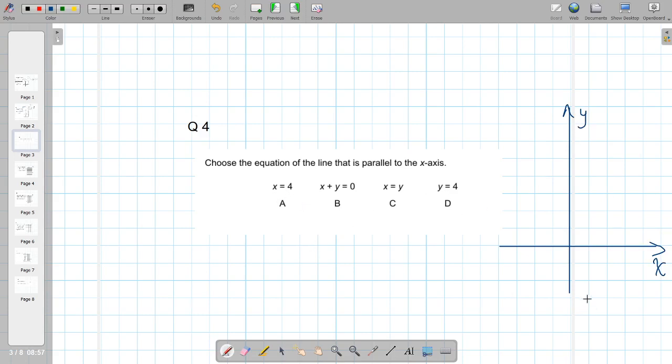When we've got x equals 4, it will be a straight line that goes through x at 4 like that. This is the line x equals 4. You should know this. If it's x equals a number, it will be a straight vertical line.